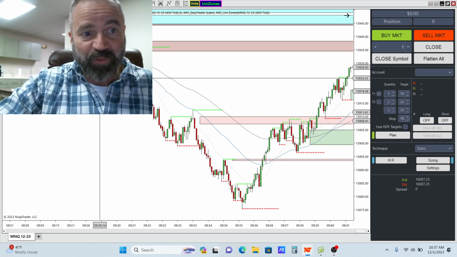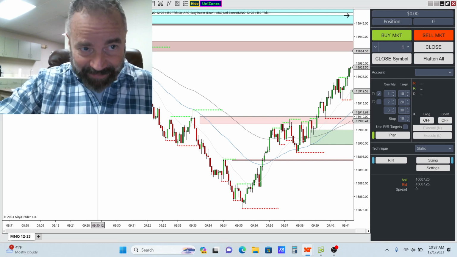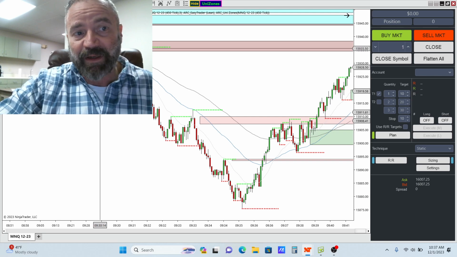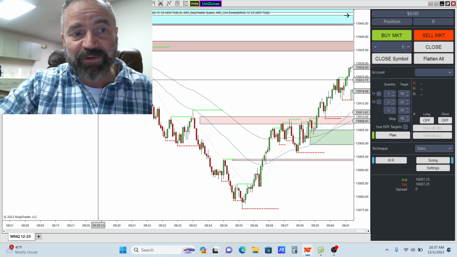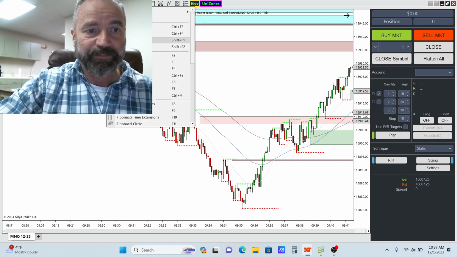Here's an example of one that did close. I wouldn't have taken this trade because that bar is so long and the stop is far away. Let me just show you this with my drawing tool.